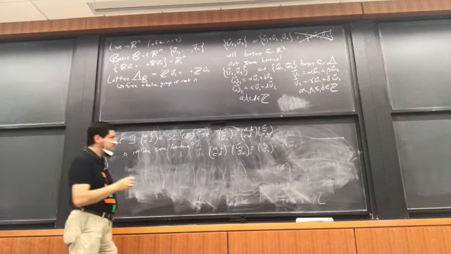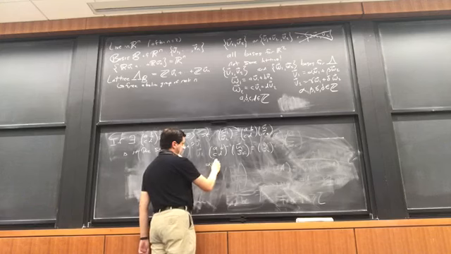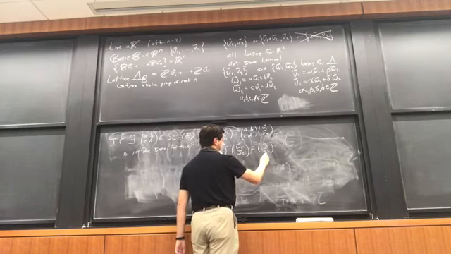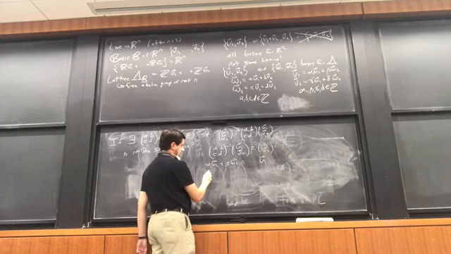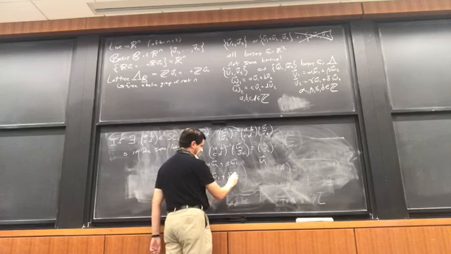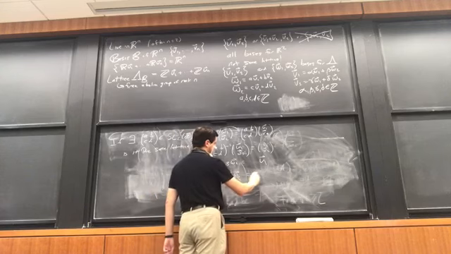So in particular, we'll have something like alpha W1 plus beta W2 is V1, gamma W1 plus delta W2 is equal to V2.